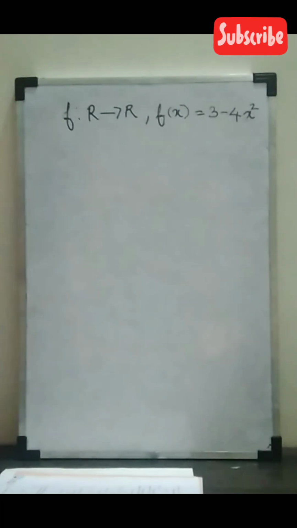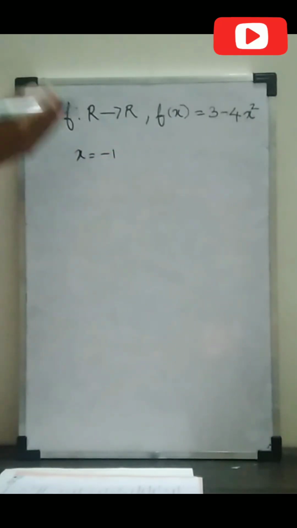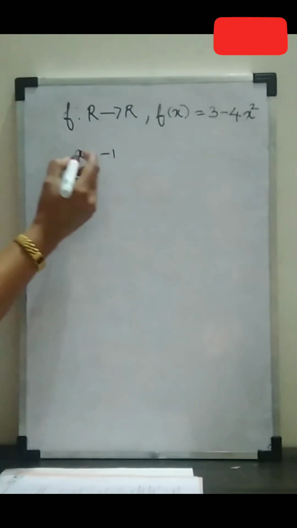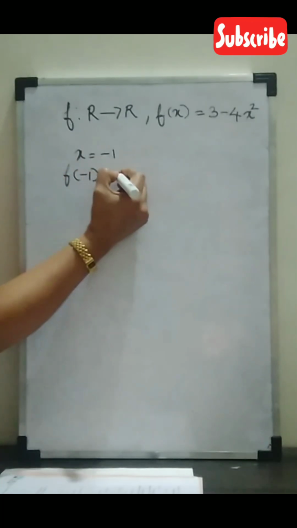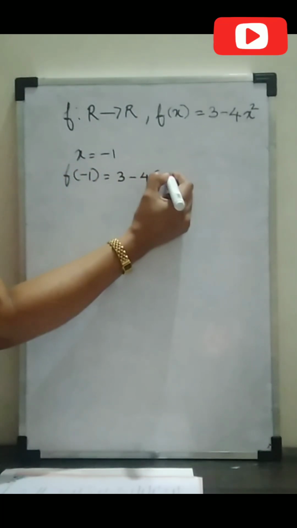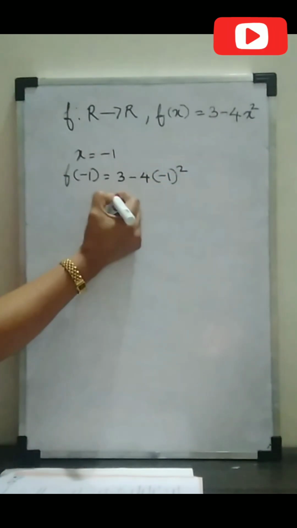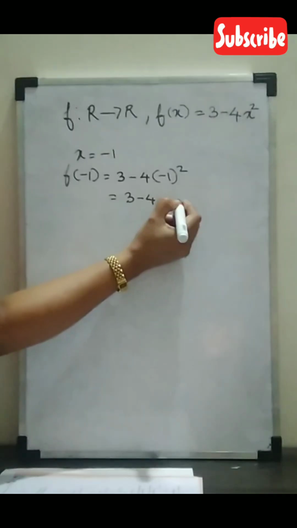Okay, let us take some random elements in the real numbers. For example, take x is equal to -1. -1 is there in the real numbers, right? So what will f of x be? f of -1 is equal to 3 minus 4 into -1 square. That is equal to 3 minus 4, that is equal to -1.